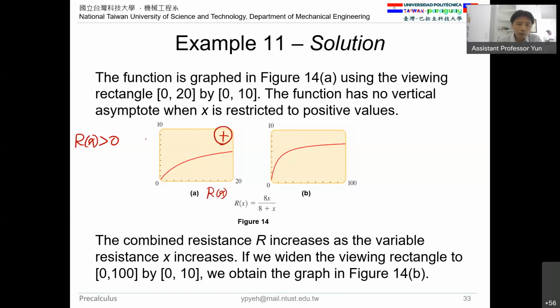If you enlarge the range between 0 and 20, with the vertical view of 0 and 10, and then extend the horizontal range to 0 to 100, you can see the graph. You can use this graph to explain the phenomenon of this resistance.